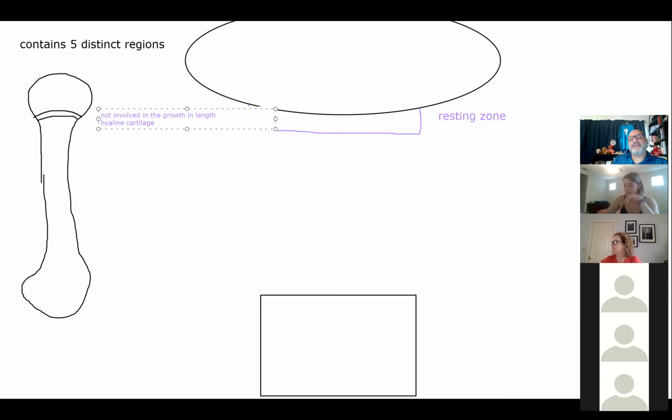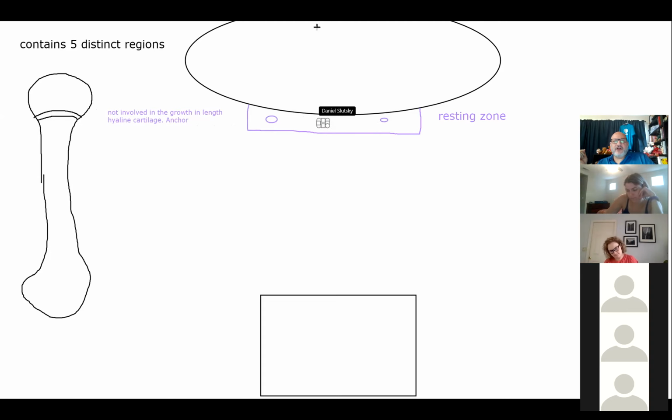But it's not active in the growth process. Instead, it acts as an anchor, where its job is basically just to hold the epiphysis in place. So again, it's going to be hyaline cartilage. It's going to have lacunae, and these lacunae are going to have chondrocytes sitting inside of them. And it's not going to be involved in the growth process.